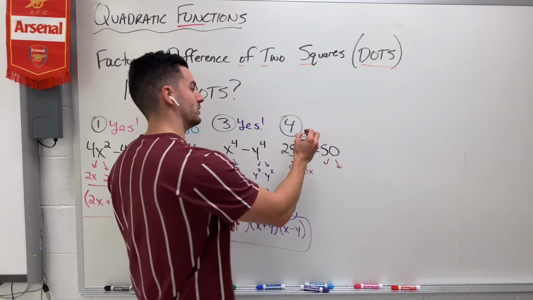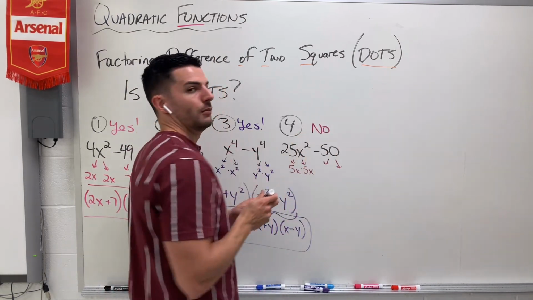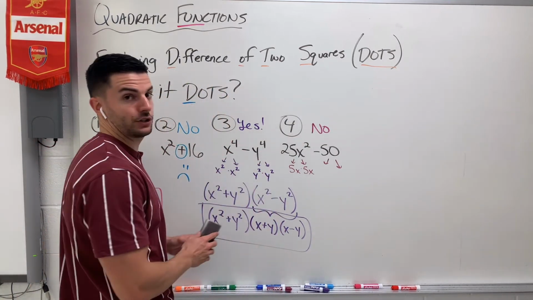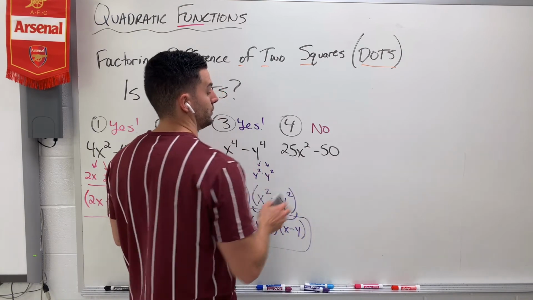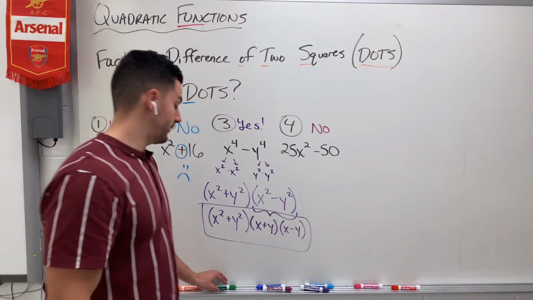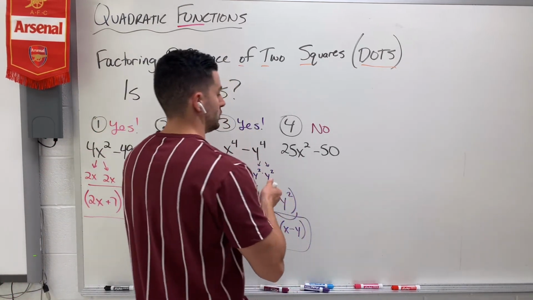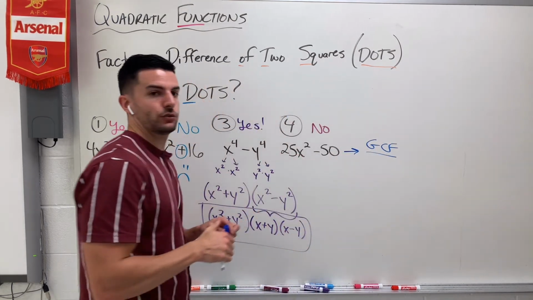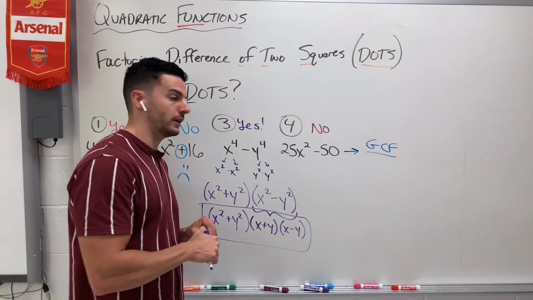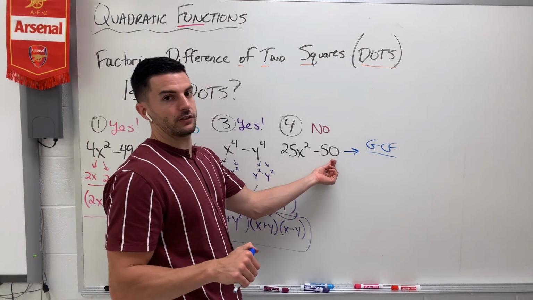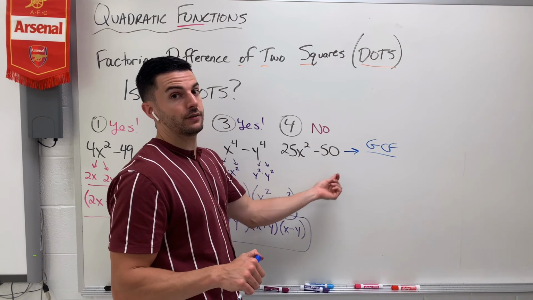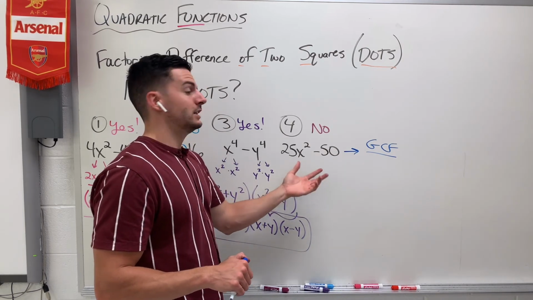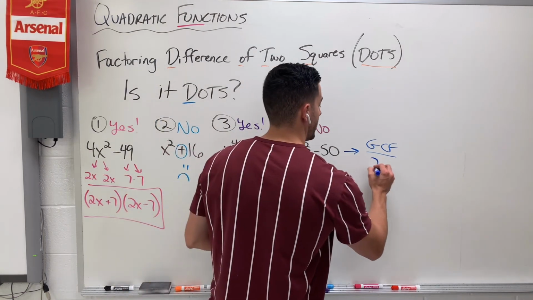So, no, this could not be factored with dots, but you might recognize, if you watch my GCF video, how could this be factored? We could factor it with GCF, right? This has a GCF. And so if I think about, okay, what's the GCF of 25x squared and 50, right? Well, one of the things that multiplies to get 50 is 25 times 2. And obviously 25x squared has 25 times x squared. So these both have 25 as a factor.